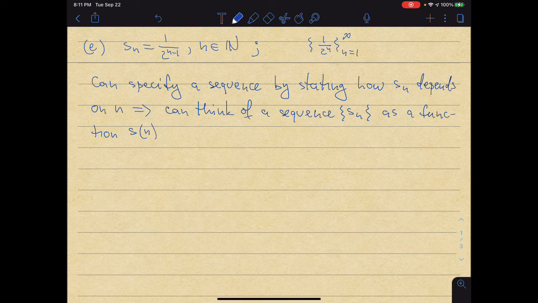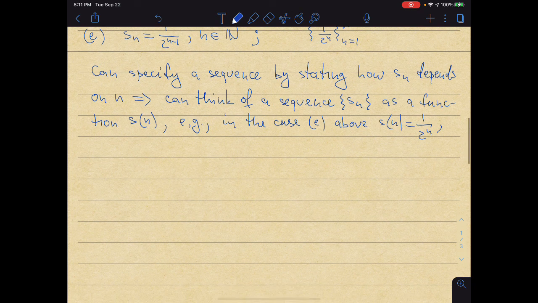Right, so for example, in case E above, S of n is equal to 1 over 2 to the power n. So it's a function, and again here n is an element of the set of natural numbers.